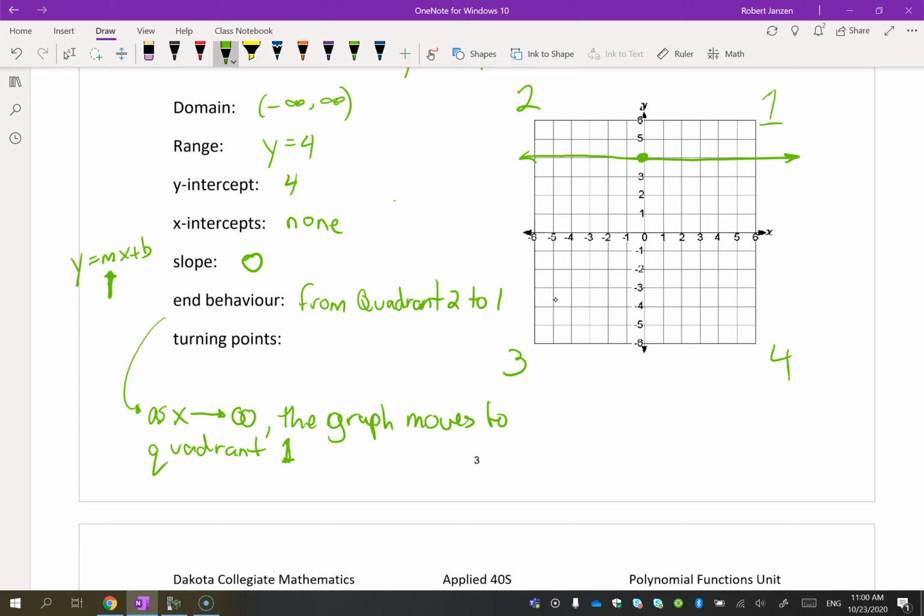Now this is a bit of a weird one because it's not rising or falling, but usually we can say as x moves to infinity, the graph is rising or falling. But for this one, we'll just leave it at that. There are no turning points.